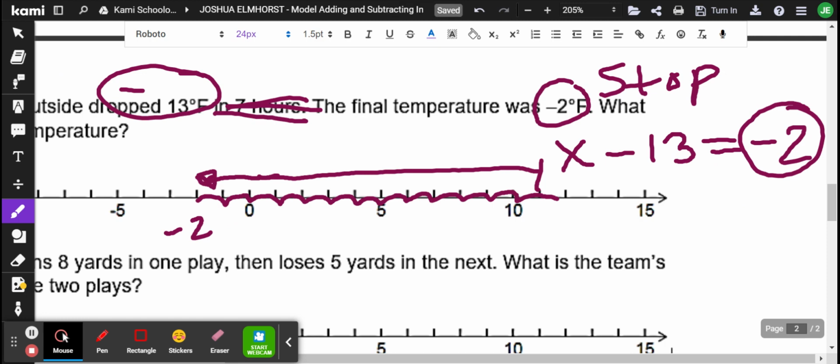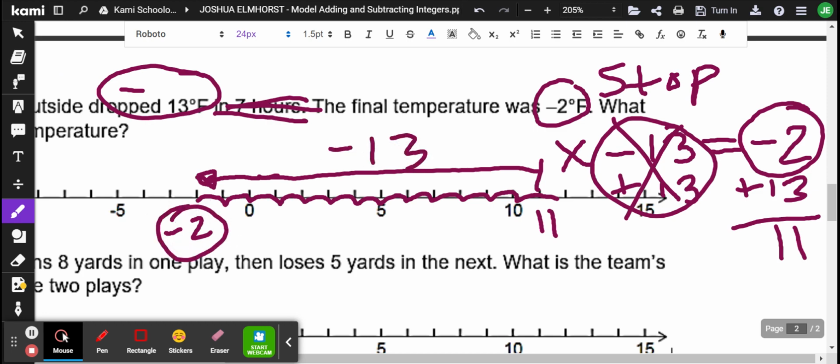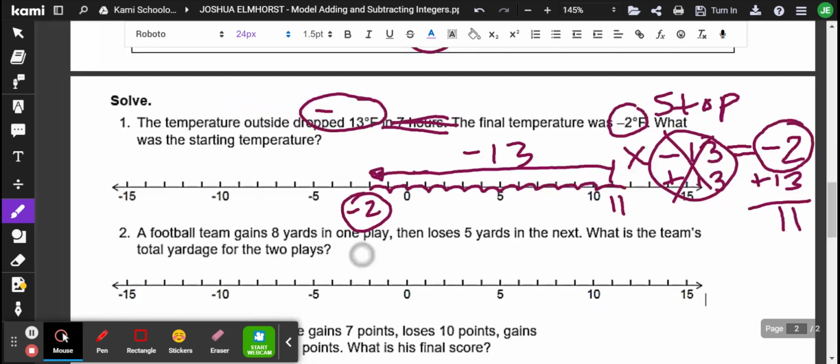Back counting is doing the opposite in order to solve it. We're going to get into this later in the year. We undo the subtracting 13 by adding 13 to -2, and that will give us 11. So our starting temperature was 11, and then it dropped 13, and then we ended up at -2 degrees.